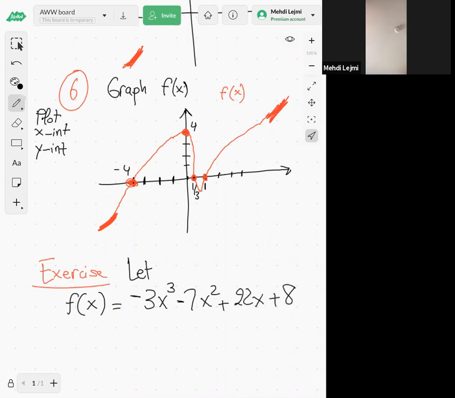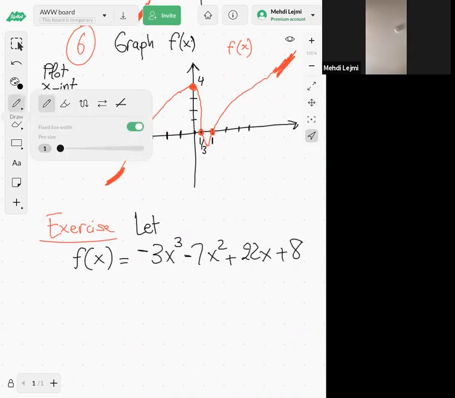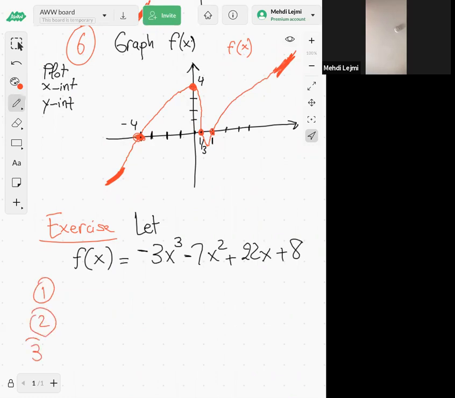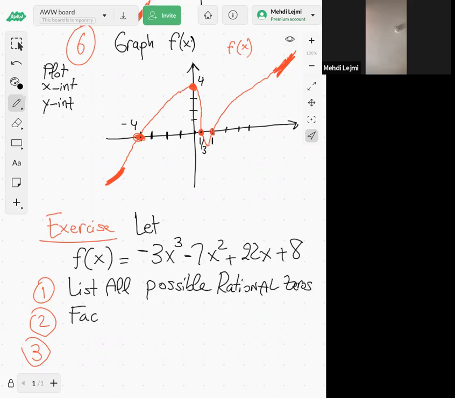What you have to do, guys, first: 1, list all possible rational zeros. Then 2, factor f of x completely, and 3, find the x-intercepts and their multiplicities.